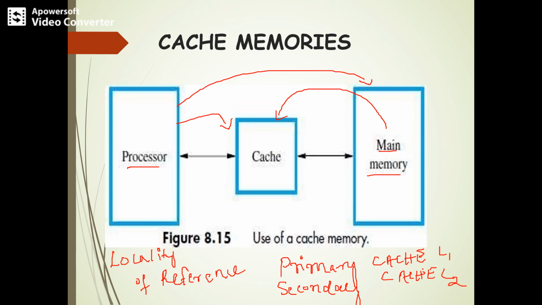Within the program, some set of instructions are repeatedly executed. So the localized areas of the program are executed repeatedly, and the remainder of the program is relatively infrequently accessed. This is referred to as locality of reference.